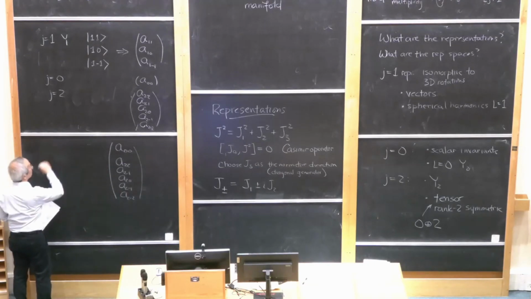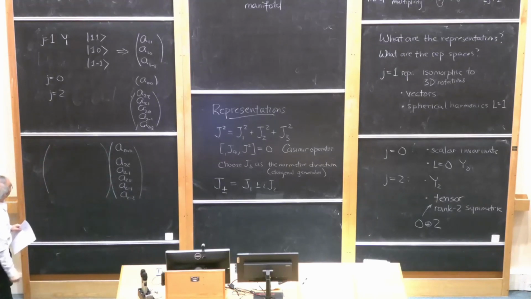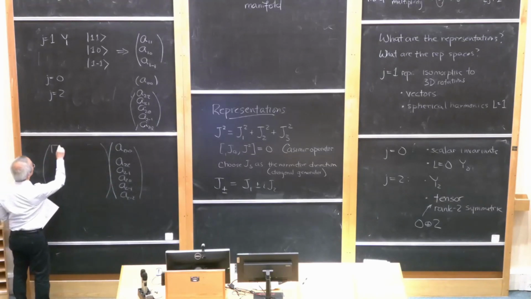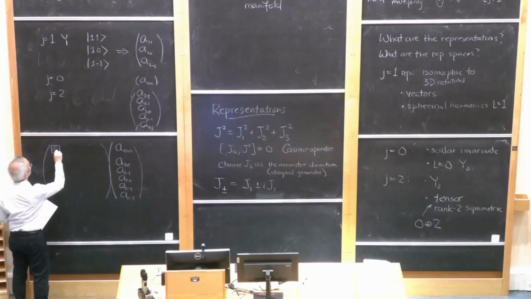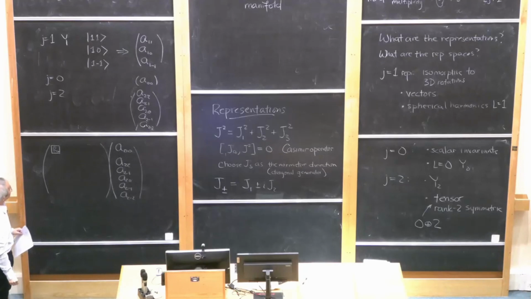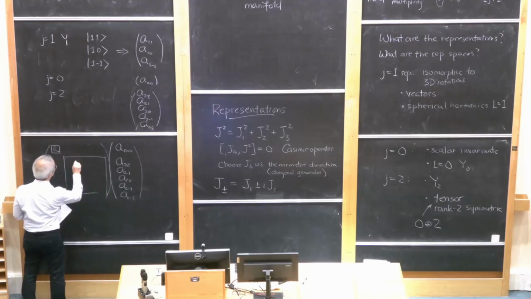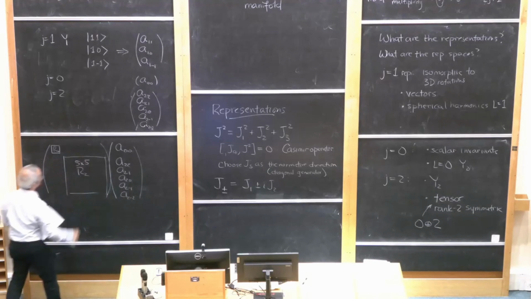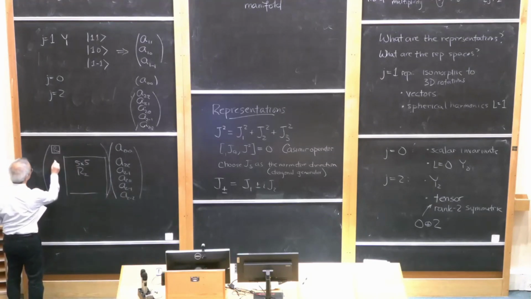And when you want to rotate this, the way that looks is that you have the rotation matrix for the j equals 0, and then you have a 5 by 5 rotation matrix for the others. Okay, and then you just have zeros out here.